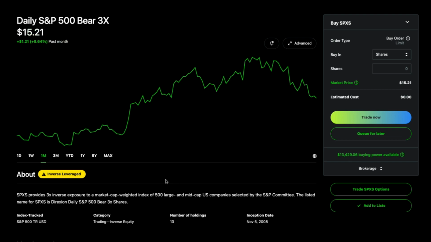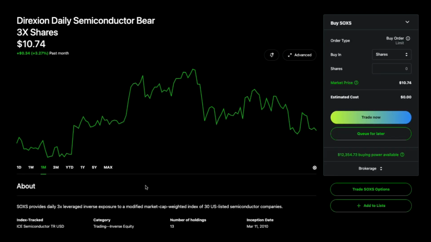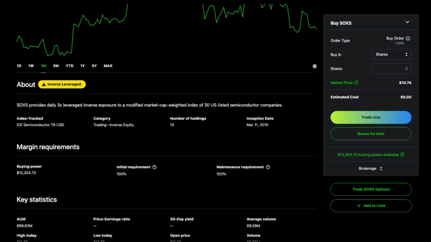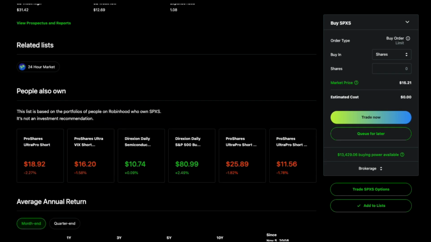There are other sector specific inverse ETFs as well, like this semiconductor one, right? If you expect that the semiconductor market is not going to perform well, then you can buy this. That's again the same concept. You're going to see this going up as the semiconductor sector goes down, right? So this is the inverse of Bear share for that.